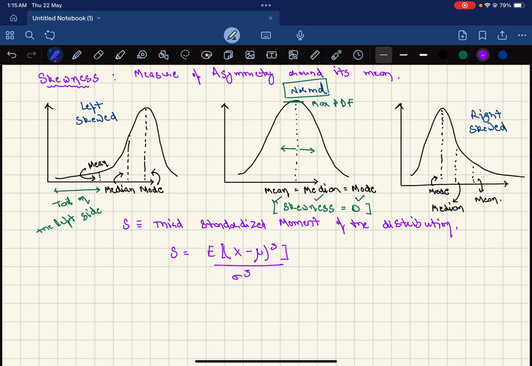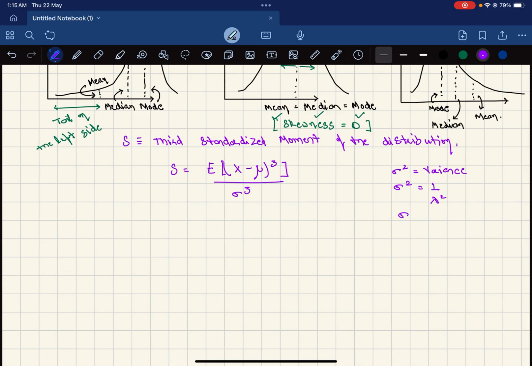We know that sigma square is the variance, and we know that sigma square is 1 upon lambda square, as we have derived before. Therefore sigma cube we already know.